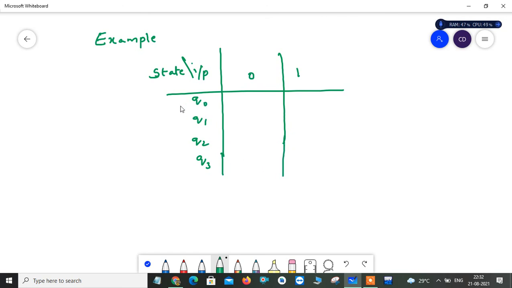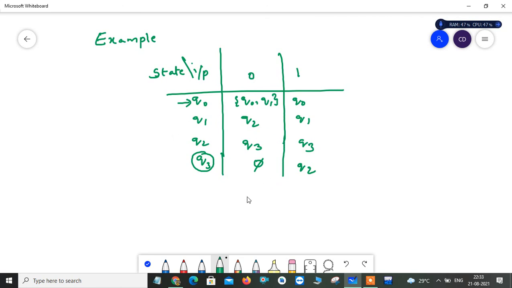Here the initial state is represented by an arrow and a final state is represented by a circle. Now the transitions are given like this: Q0, Q1, and then Q0, Q2, Q1, Q3, Q3, Q2.